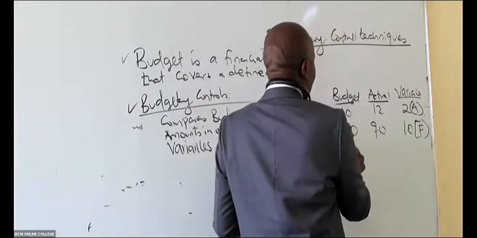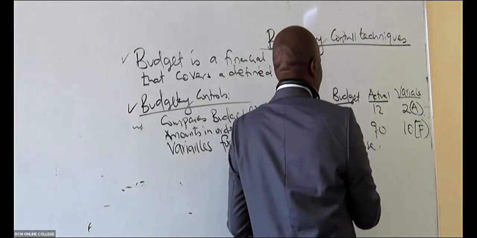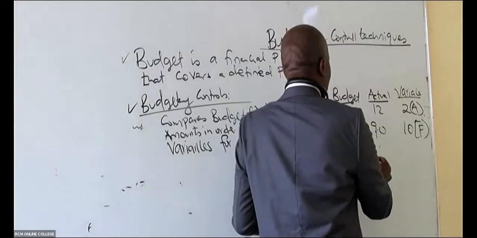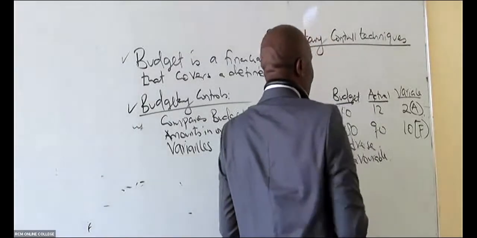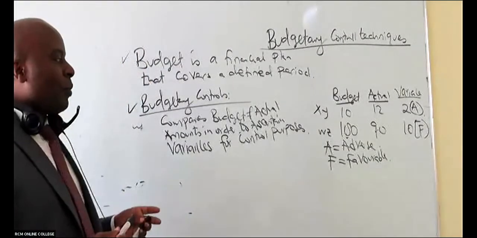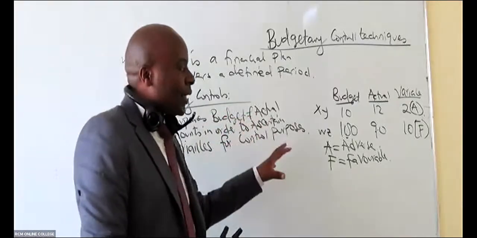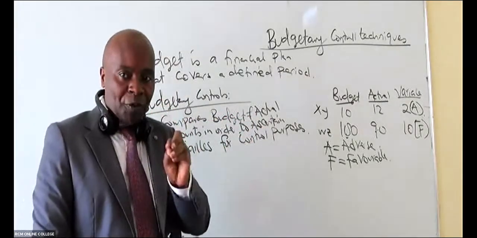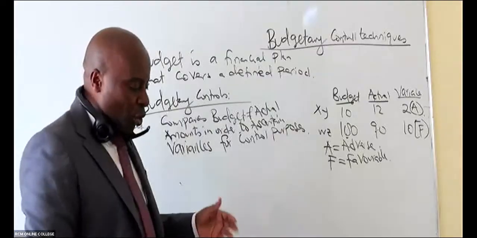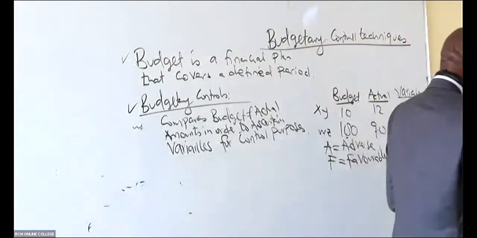Remember, A stands for adverse, and F stands for favorable. So whenever you are calculating this kind of variances, then you are trying to be in control of things, because you are able to know in advance that I have planned to spend 100 bags of cement.